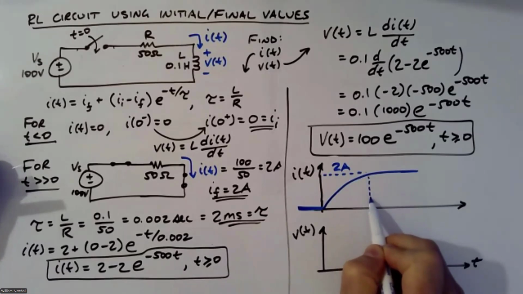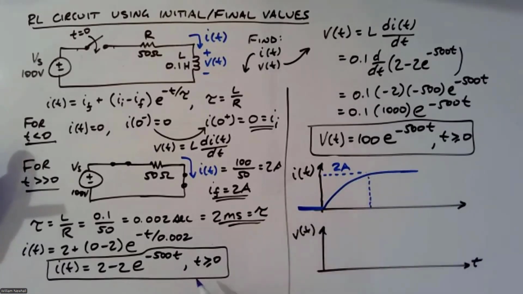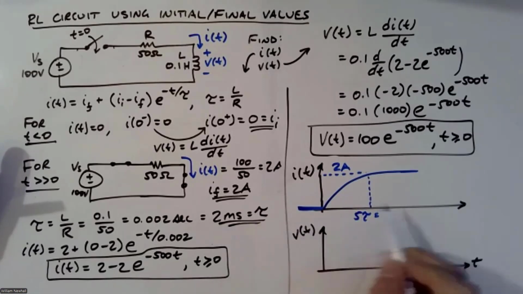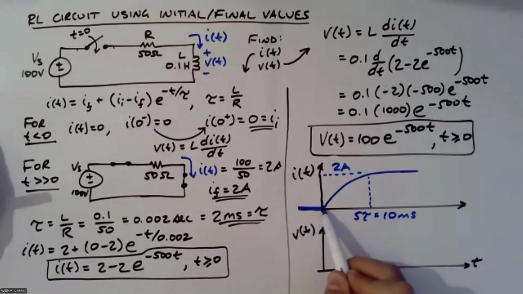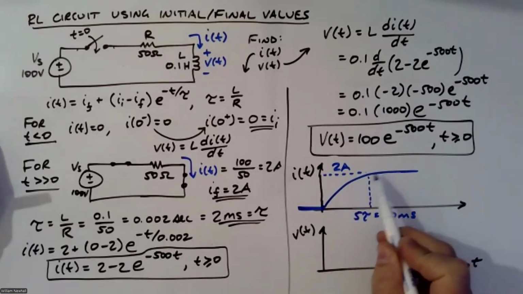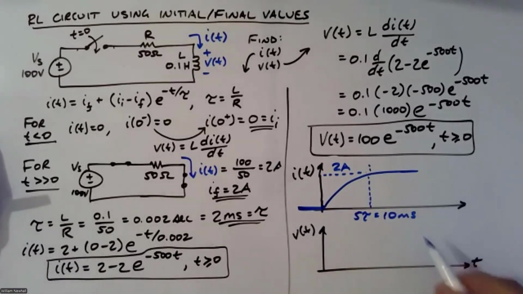And this happens at 5 tau, and that's 5 times 2 milliseconds, 10 milliseconds. So that's what that plot would look like. Okay, so that makes sense. There's no instantaneous step change of current, so that makes sense. And then we get this convergence and then steady state.